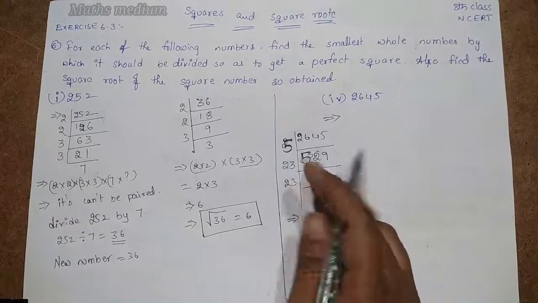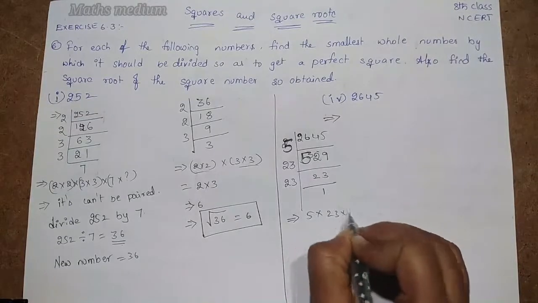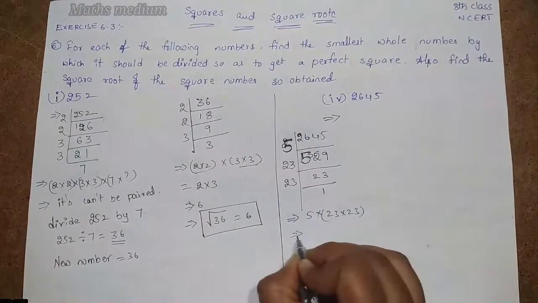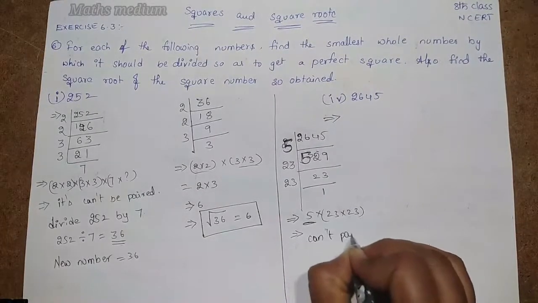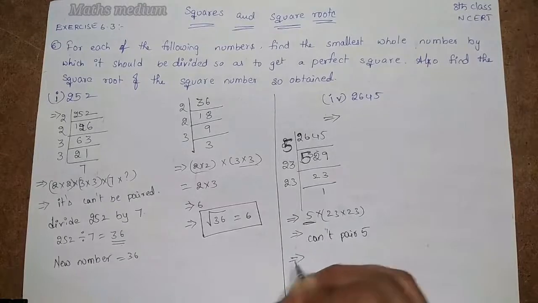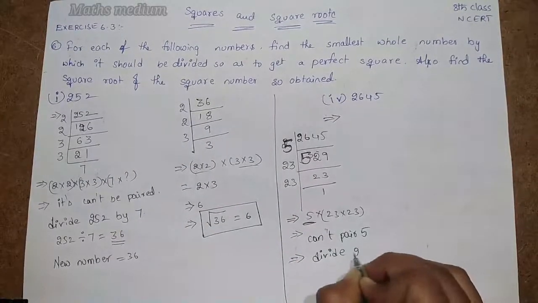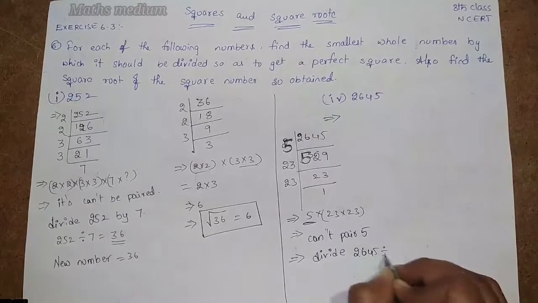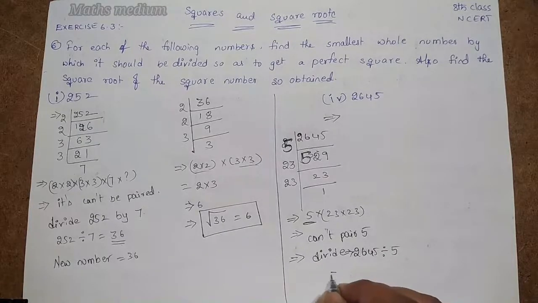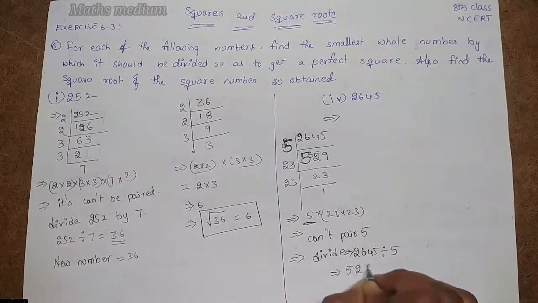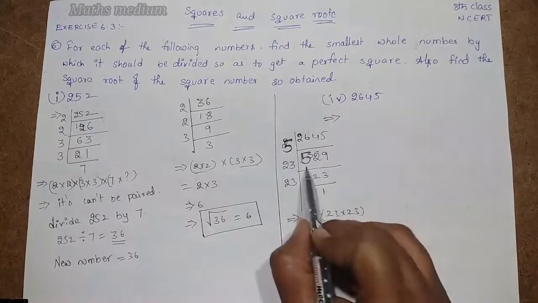Now make pairs: 5 into 23 into 23. Here we cannot pair 5, so we have to divide. So divide 2645 by 5. The answer is 529, because we divide 2645 by 5, we get 529.